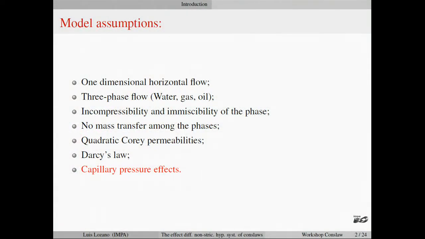The model assumptions: we have a one-dimensional, three-phase flow, incompressibility and immiscibility of the phases, no mass transfer among the phases, quadratic relative permeabilities, and Darcy's law. We consider capillary pressure effects, which are normally neglected, but in my work they play a relevant role in the solutions.